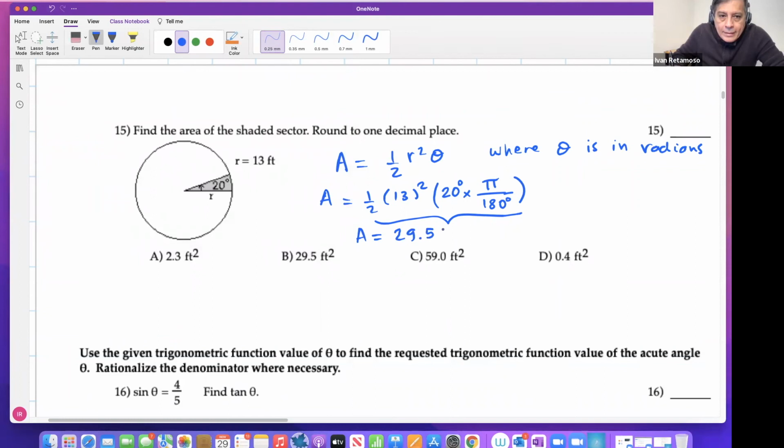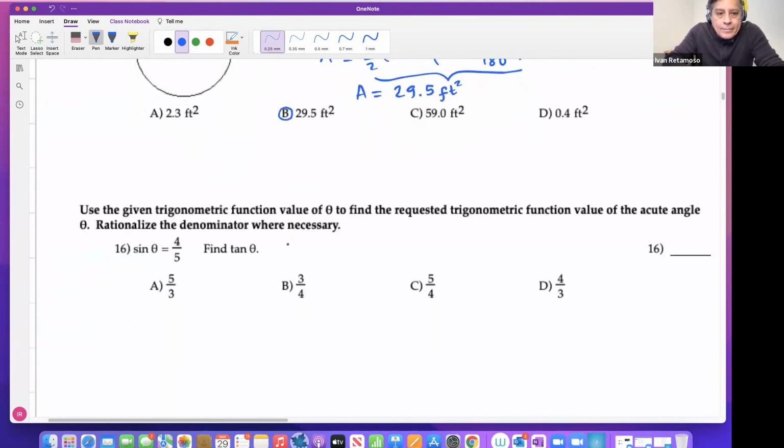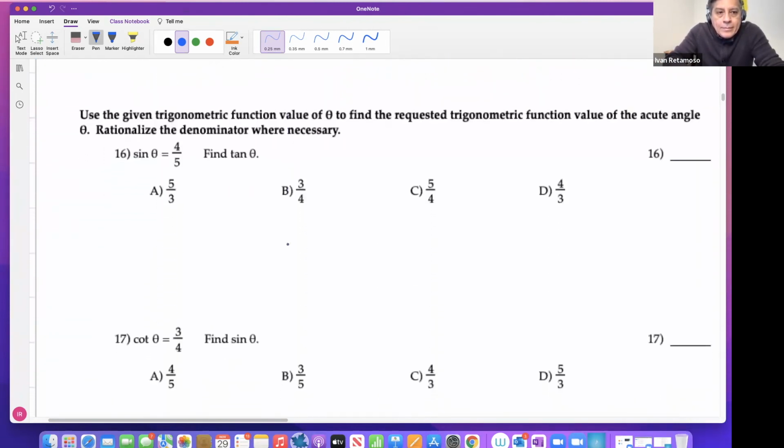And in the end, let's attach the units. I'm dealing with feet, so the area should come out in square feet. Very good. So it should be this one, 415. Excellent. Very good, guys.